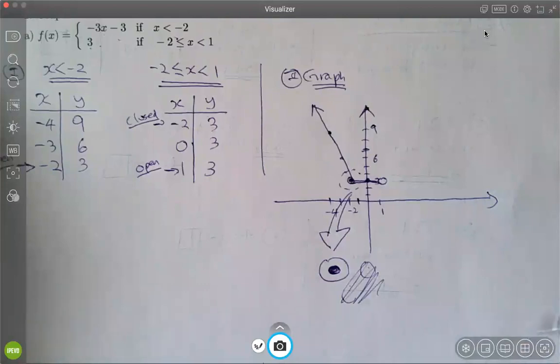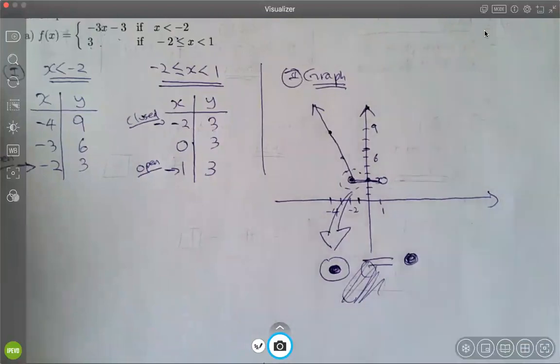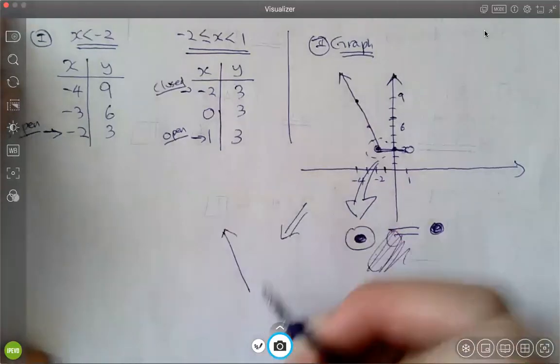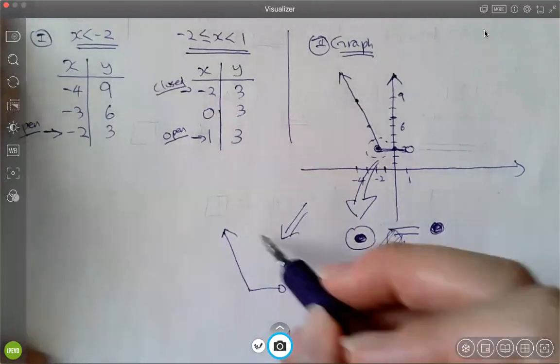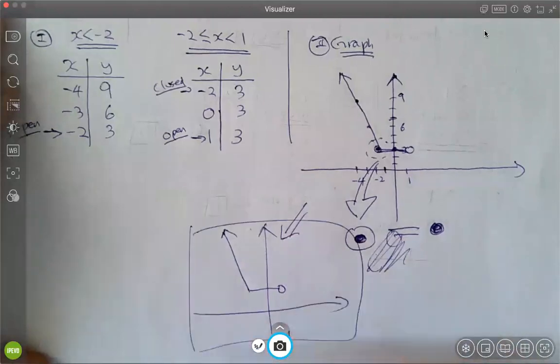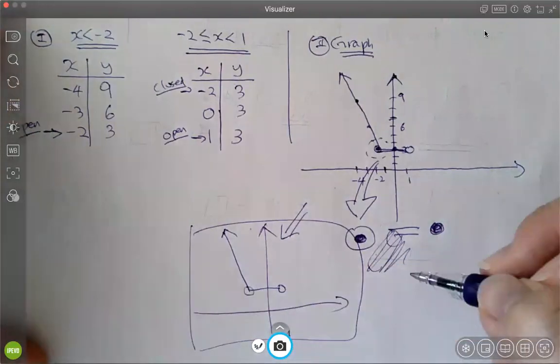Okay, so this is same thing as the closed dot. So in short, how does the graph look like? The graph looks like this. Okay, so that point is a legitimate point. That's not an open dot. Okay, so that is the graph.